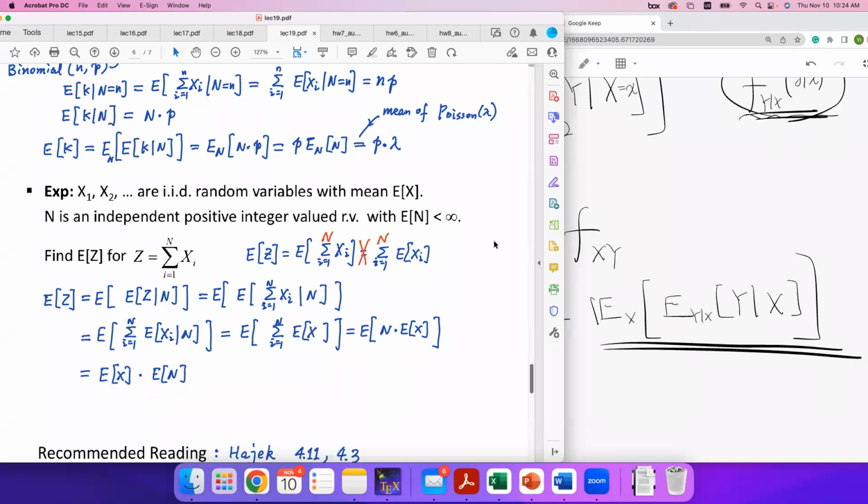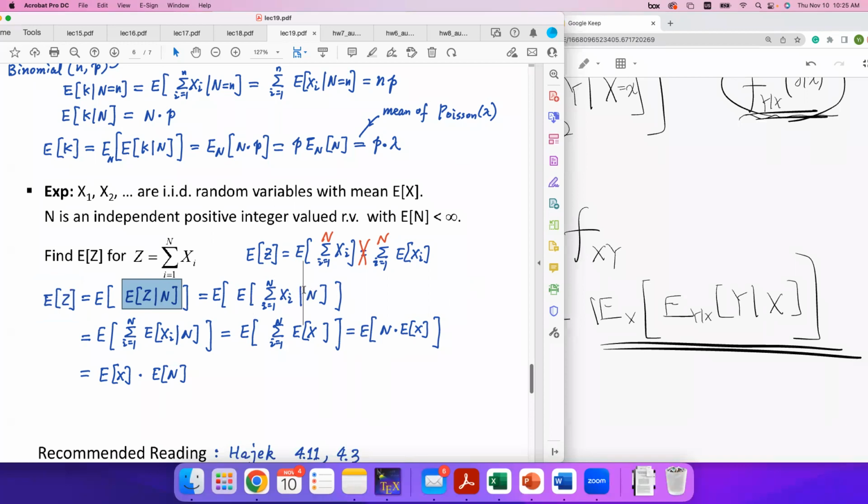This shows that when we compute the expectation of something that depends on some other random variables, we can utilize this iterated expectation law. Once you condition on this random variable, you no longer need to worry about its randomness.